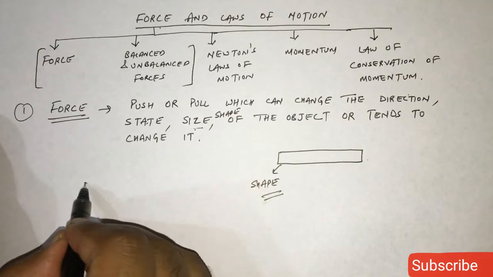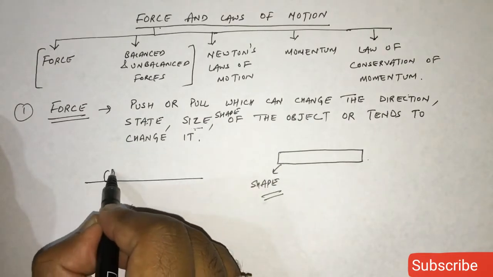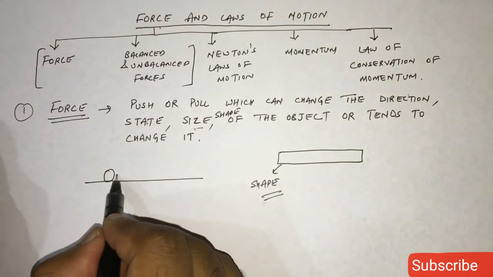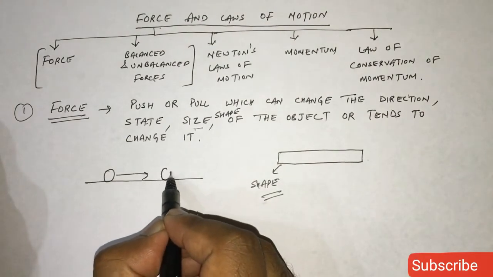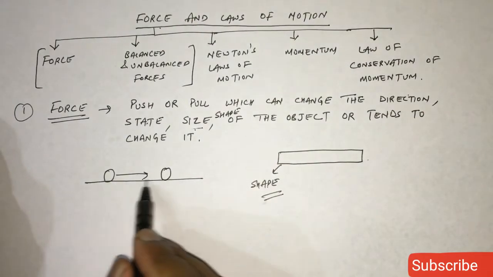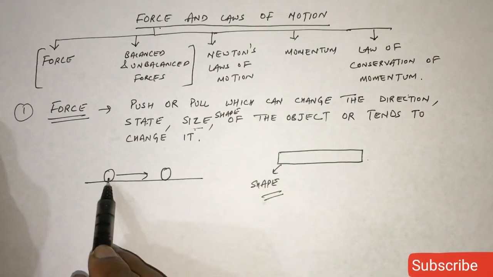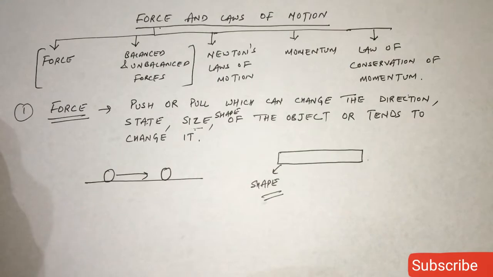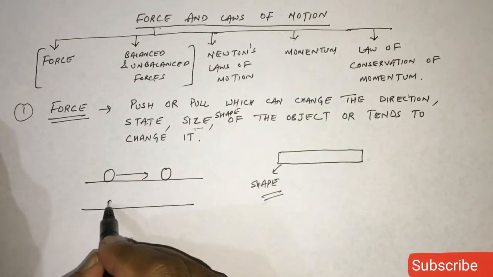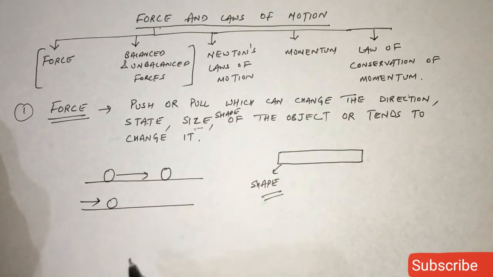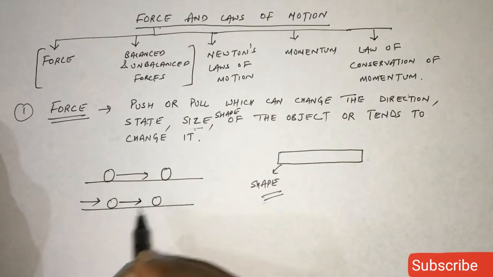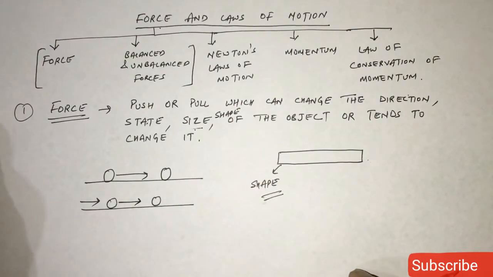Suppose a ball is rolling over the surface. If you apply some force, you can stop this ball. So you can change the state of motion to state of rest. Or if the object is at rest, when you apply some force, you can change the state of rest into state of motion.